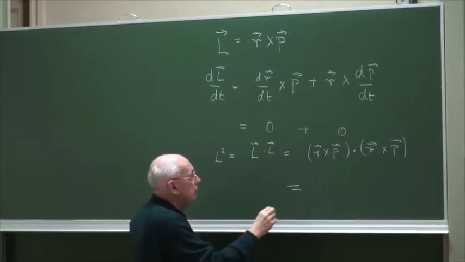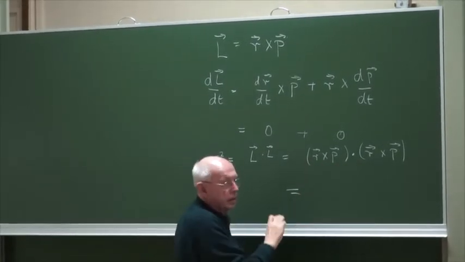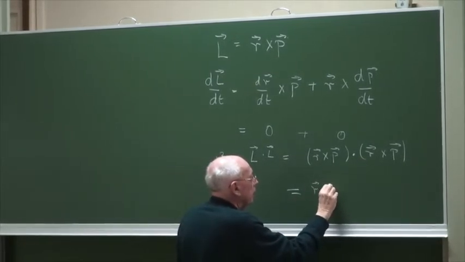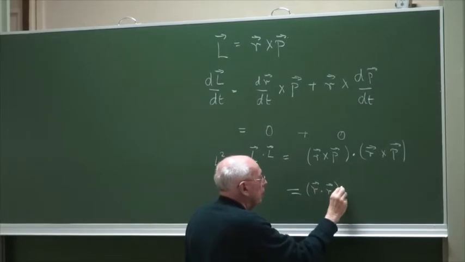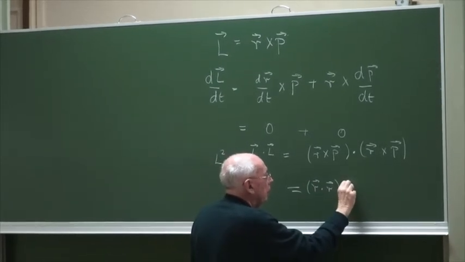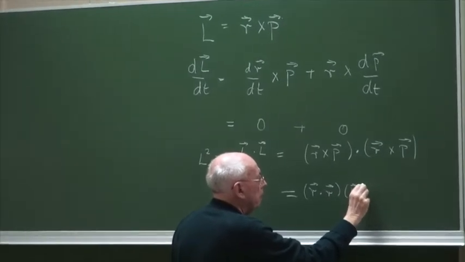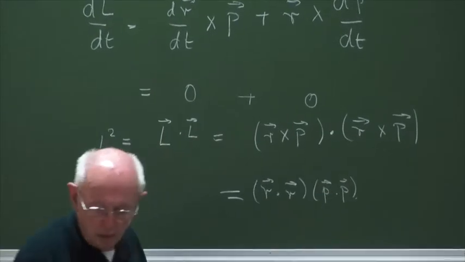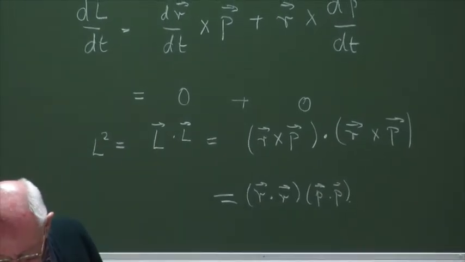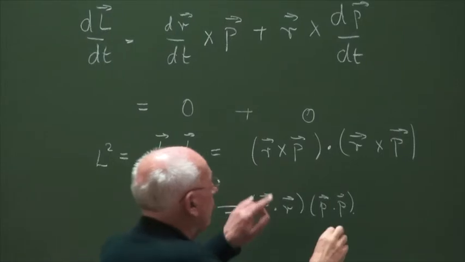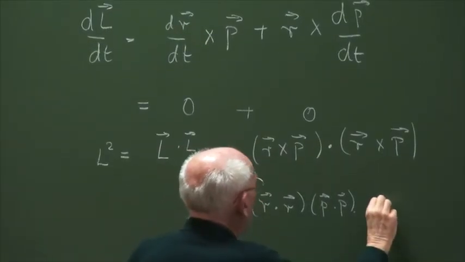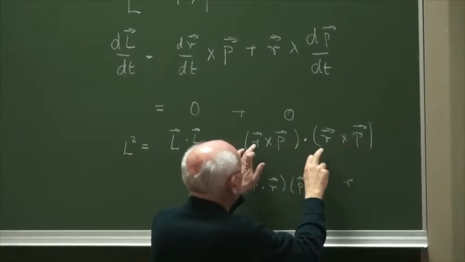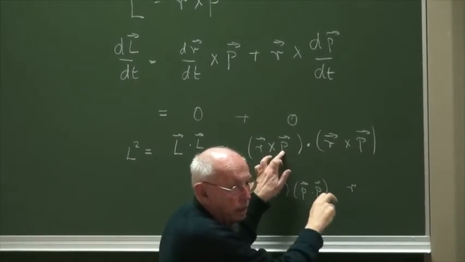If you have a thing like that, it is R dot R times P dot P, and then you have, it's basically this with that, and this with that, and then this with that, and this with that.